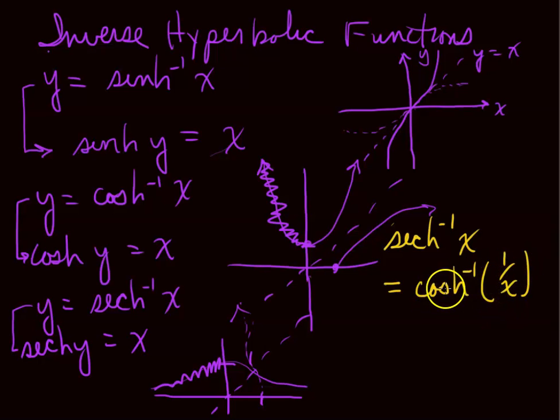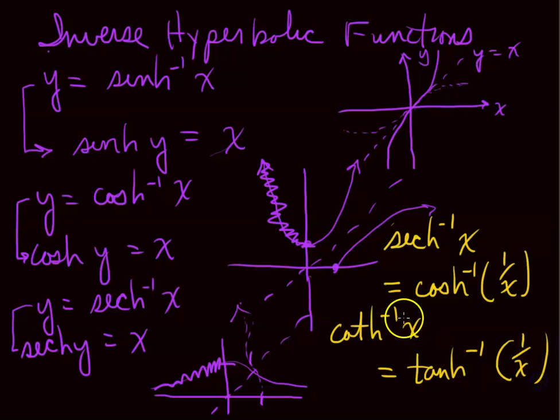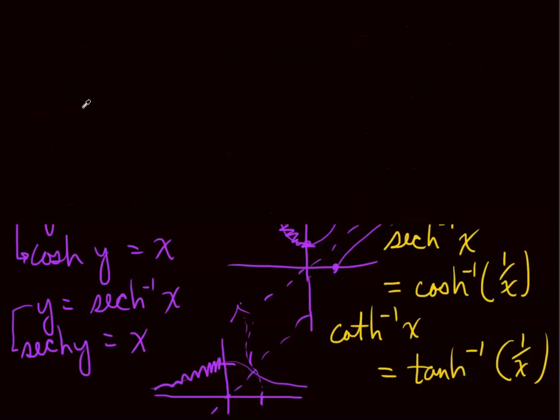So you don't invert the function, you invert the argument, just like you did before. The coth inverse of x is the same as not 1 over the tanh inverse, but the tanh inverse of 1 over x. So just remember that's happened in trig also. So you might say, okay, what are the derivatives of this? Derivatives of the inverse hyperbolic functions.